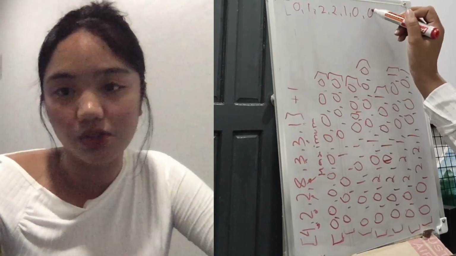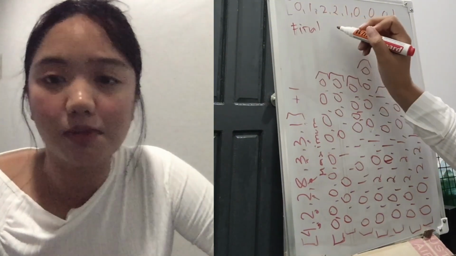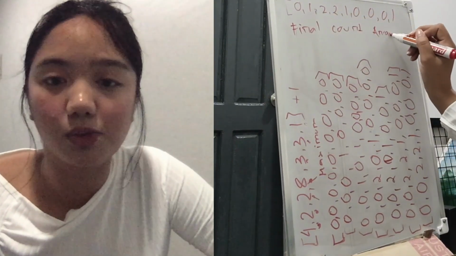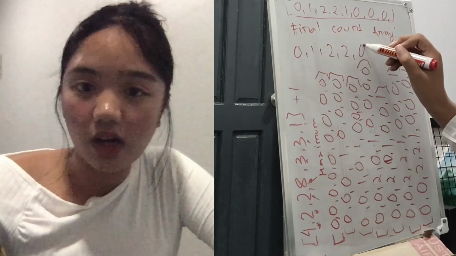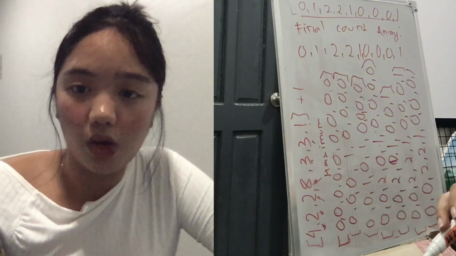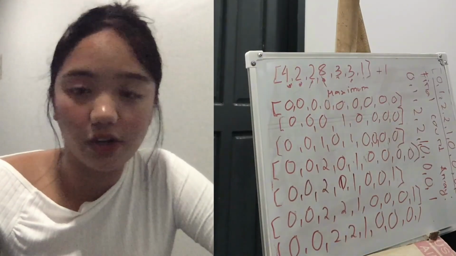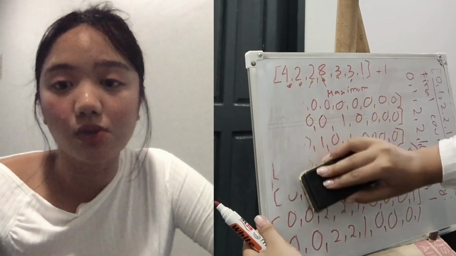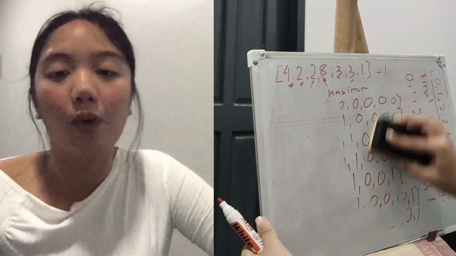Dito siya mag-increment, dito siya mag-another 1 sa 8. So for 3, increment count 3. And then i-repeat mo lang siya hasta makuha mo ang final count array, which is 0, 1, 2, 2, 1, 0, 0, 0, 1.